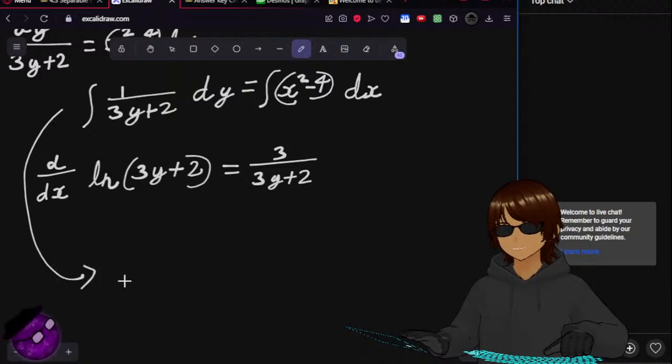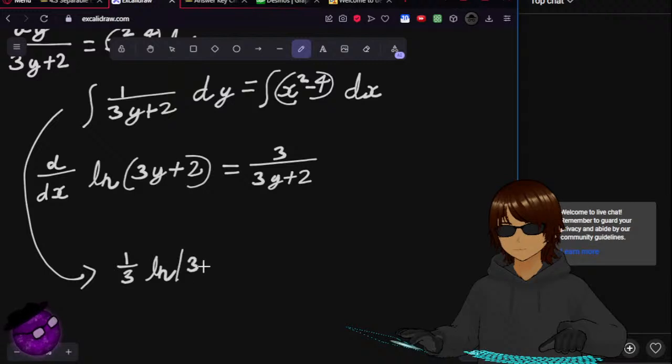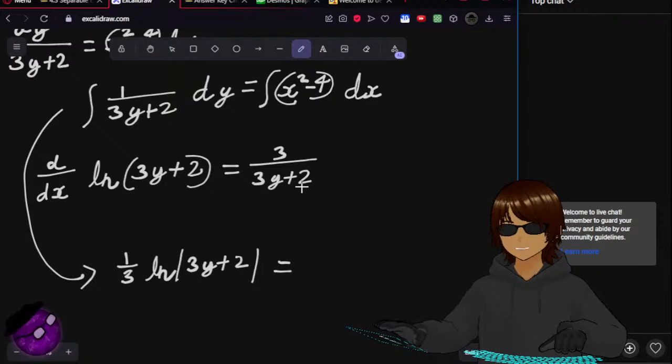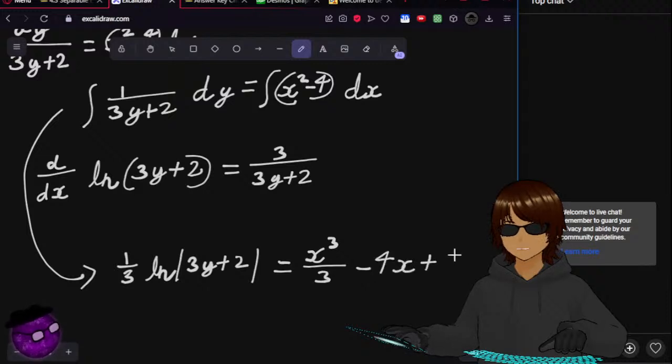Then this becomes, integrating the right side, x cubed over 3 minus 4x plus c.